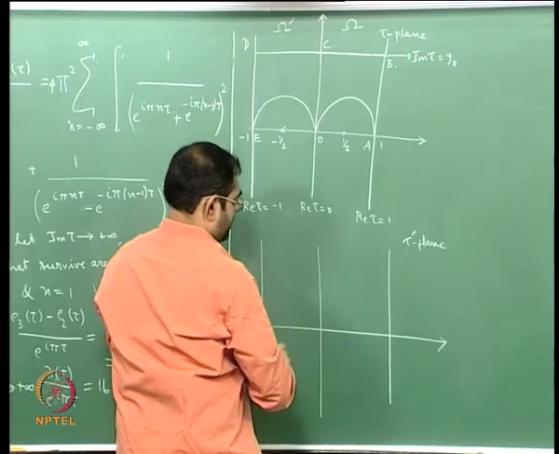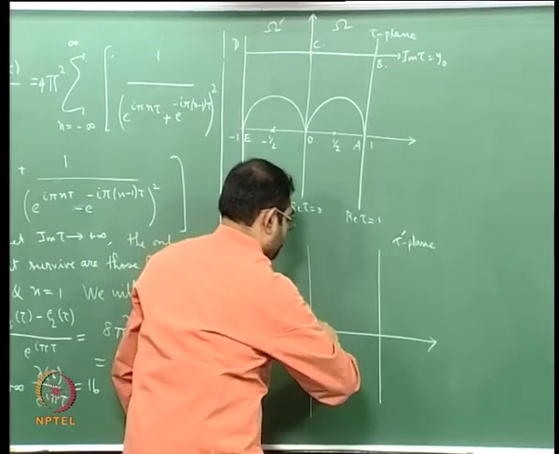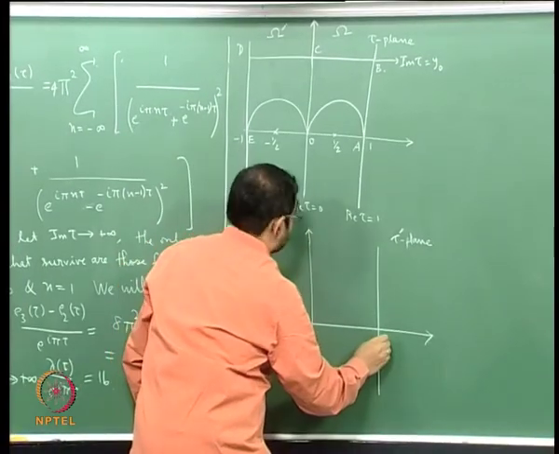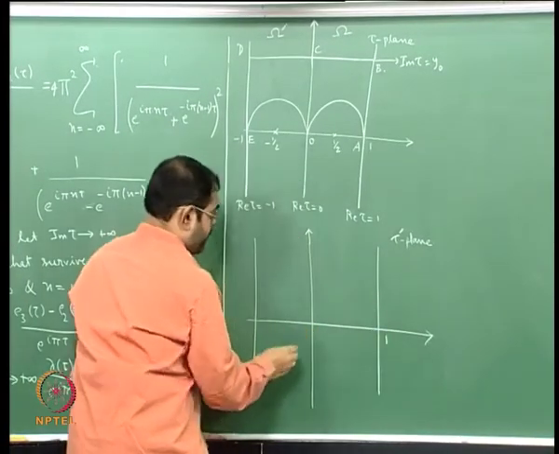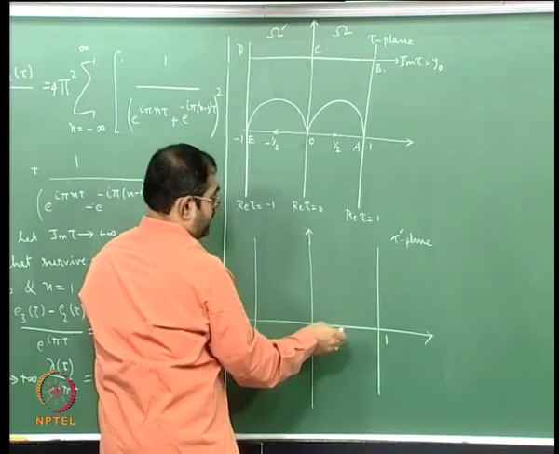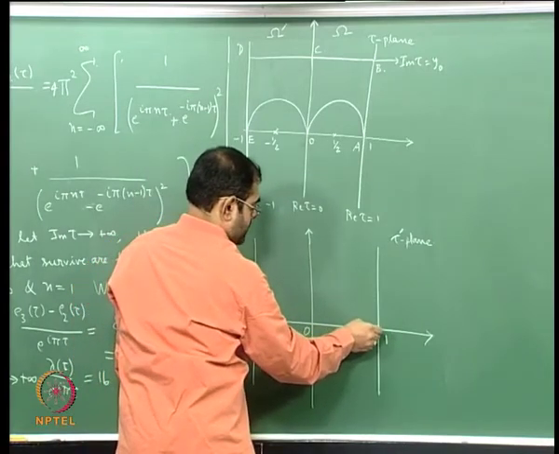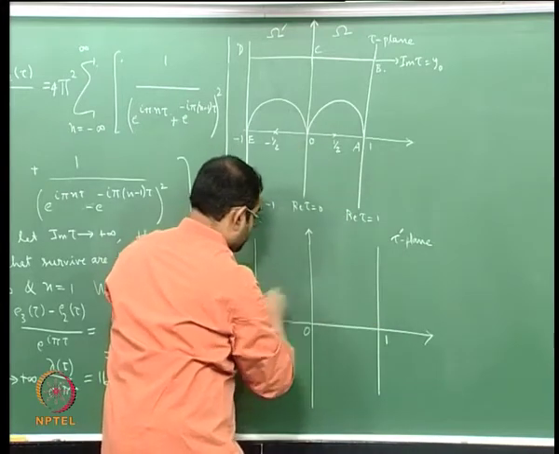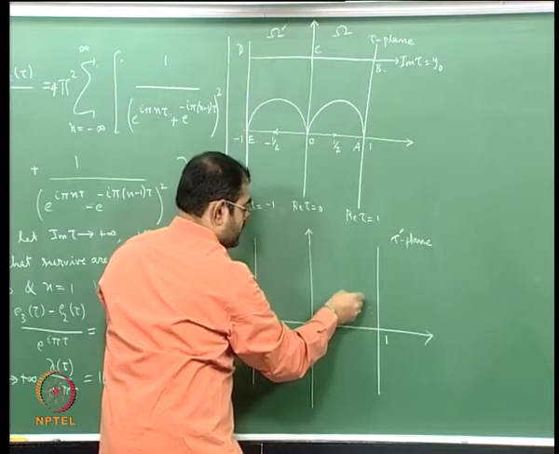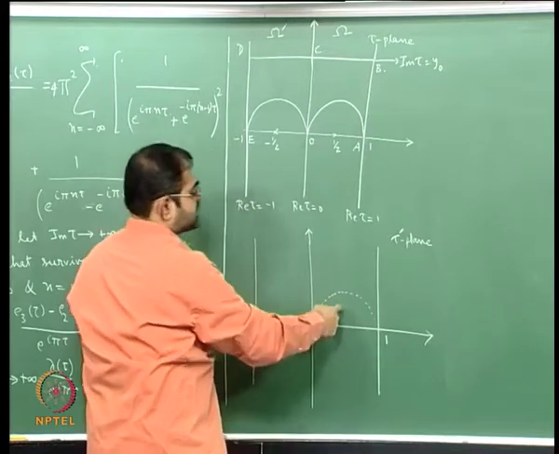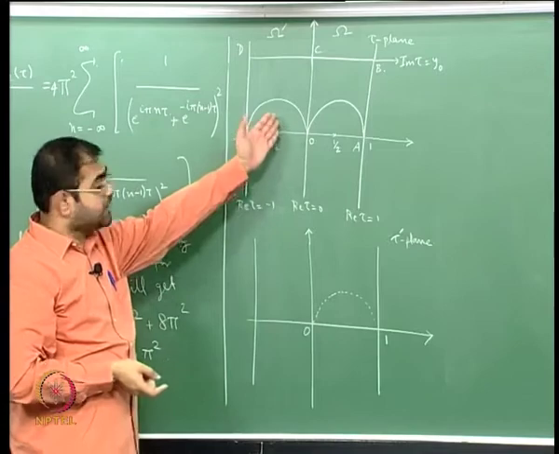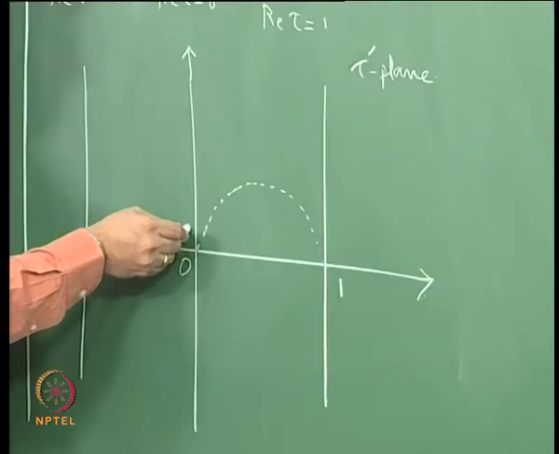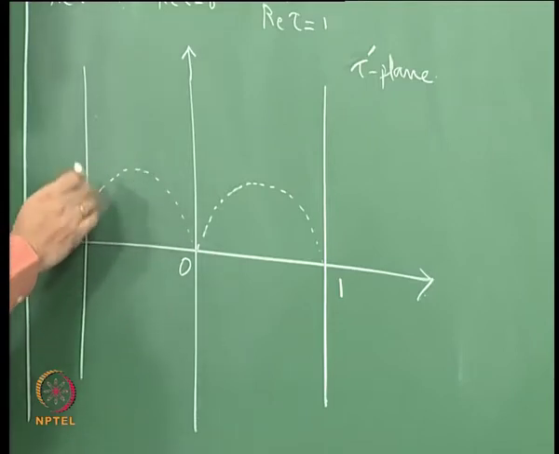And again let me draw this. So you see this is again 1, this is 0, and then I just want to show these two circles here, so I am going to draw them as dotted lines, because these semicircles are in the source plane. Okay, and well, let me draw these dotted lines like this.